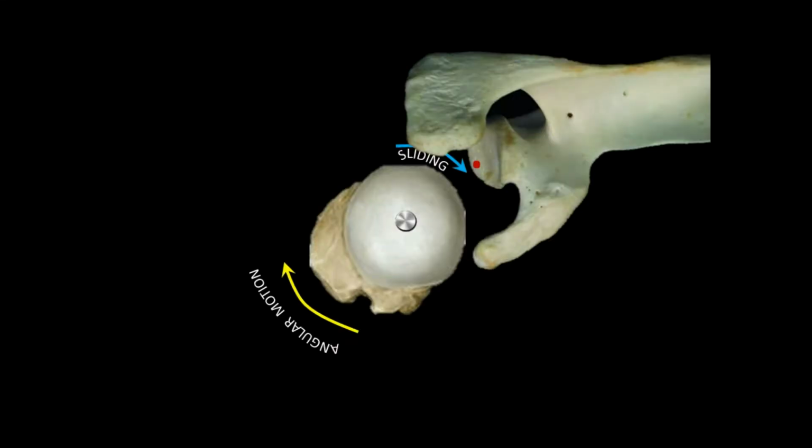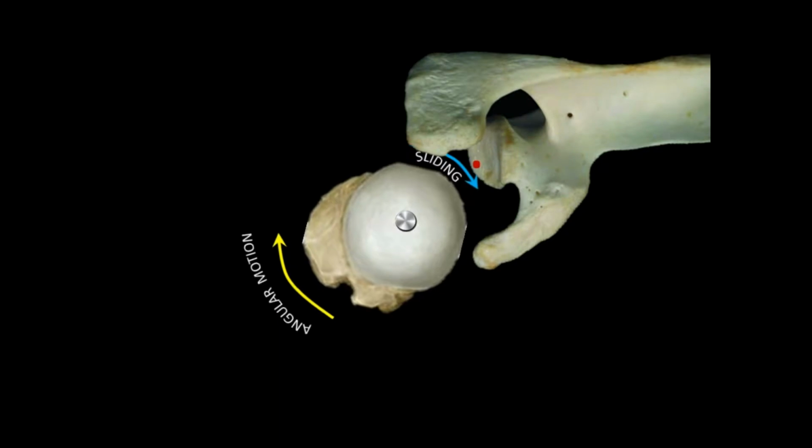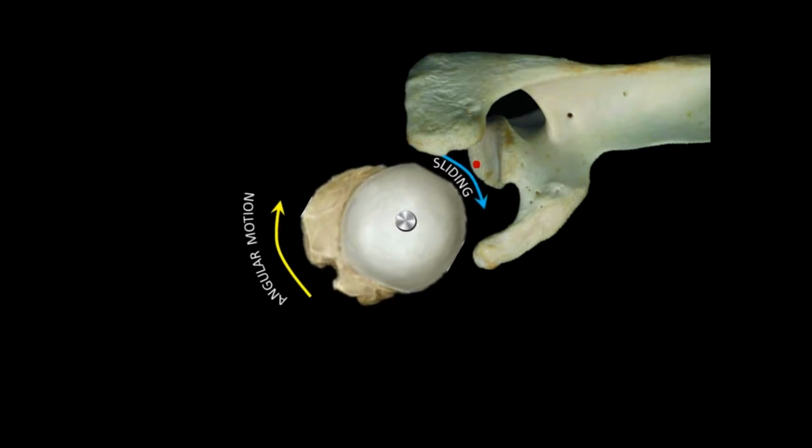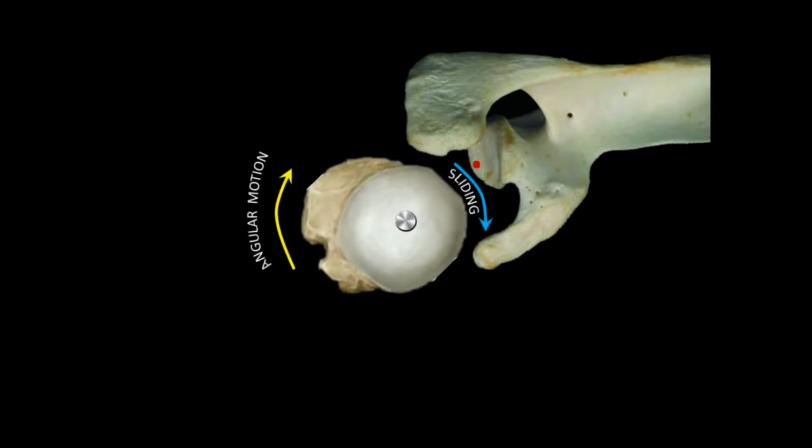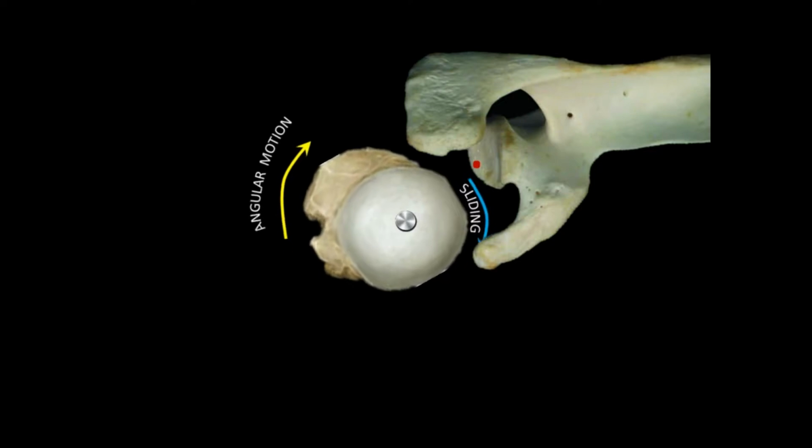Let us discuss the same with the rotation movement. When a convex surface moves over a concave surface, we are seeing the superior view of a shoulder joint, and I am going to demonstrate what happens when external rotation is happening. The angular movement is denoting external rotation, the intra-articular movement is showing anterior glide.